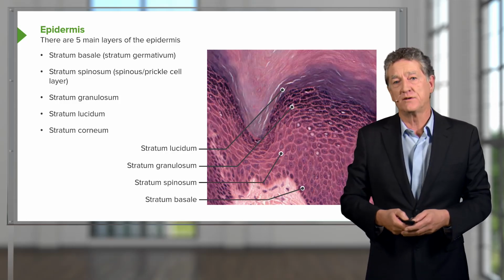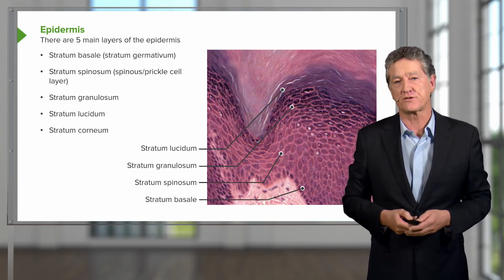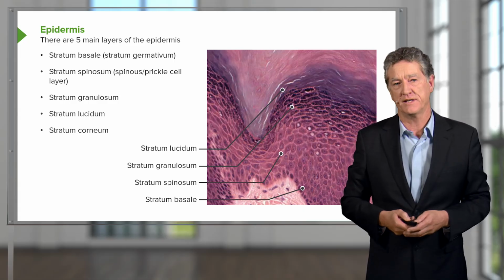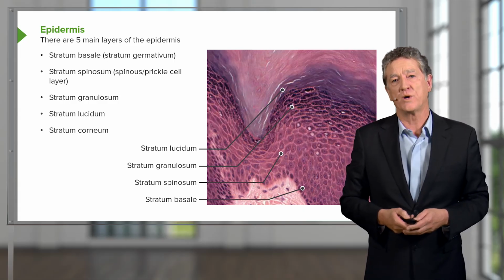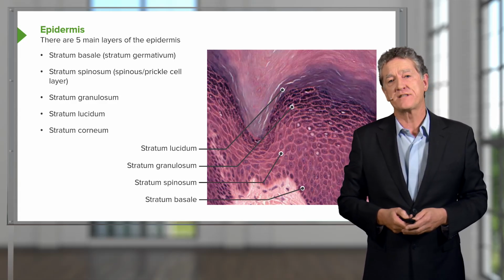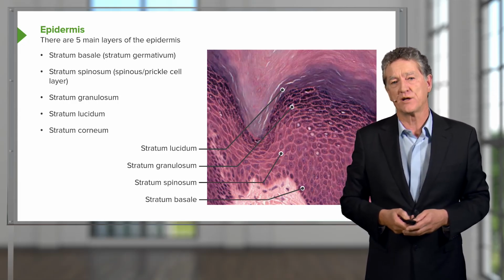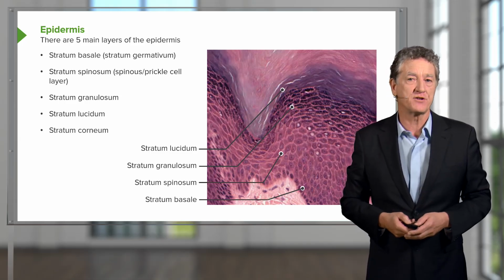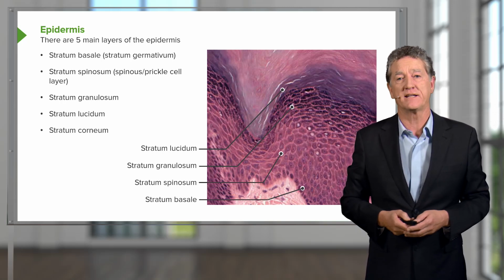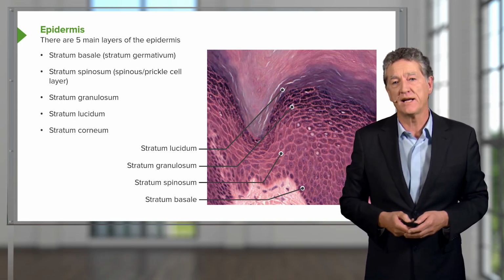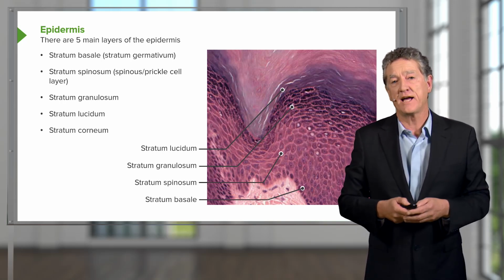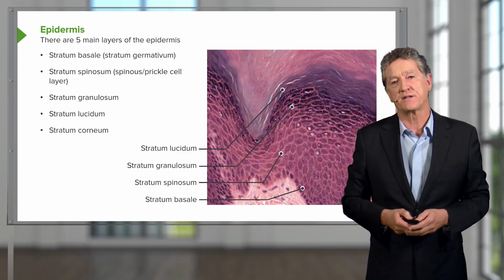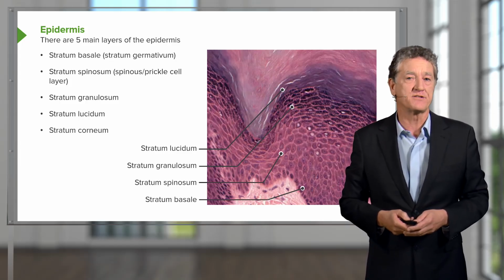The cells, or these squames of keratin, are lost from the surface of skin as a result of wear and tear, but as they move up from the stratum granulosum into the stratum corneum, the desmosomes I mentioned earlier that hold the cells together disappear. They're broken down. And that's how the squames or the keratinized components are released into the exterior.